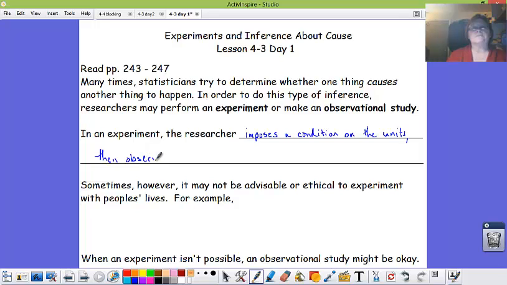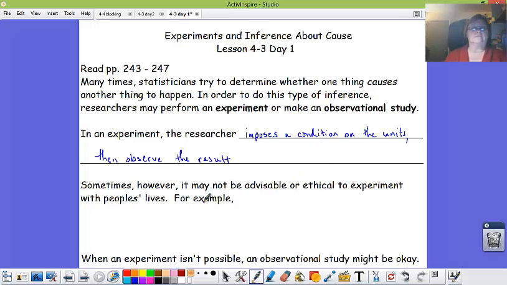For example, if I wanted to see whether fertilizer A or fertilizer B helped my plants to grow better, then I would assign some of my plants to get fertilizer A, and some of them to get fertilizer B, and see what happens. That's an experiment. The researcher imposes a condition. He makes the units do something or change in some way.